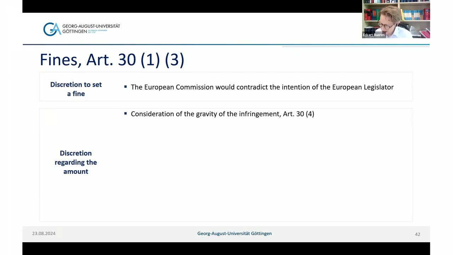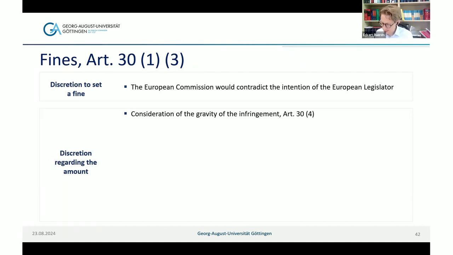So we can again look at competition law practice. And there also in Regulation 2003, the Commission has to take the gravity of the infringement into account. And this includes all the legal and factual circumstances. And in competition law proceedings, the gravity of the infringement is determined inter alia in light of the effects on the conduct of the market.